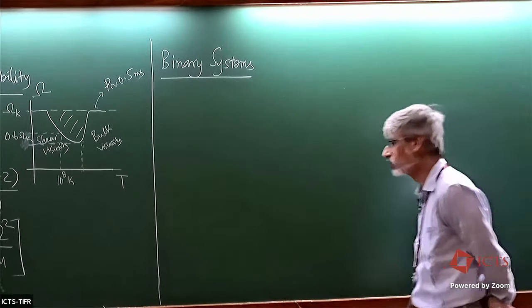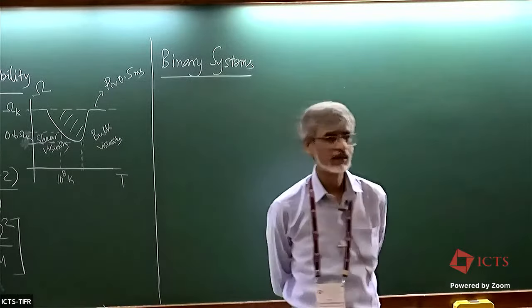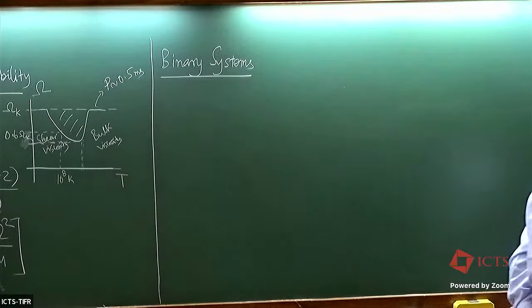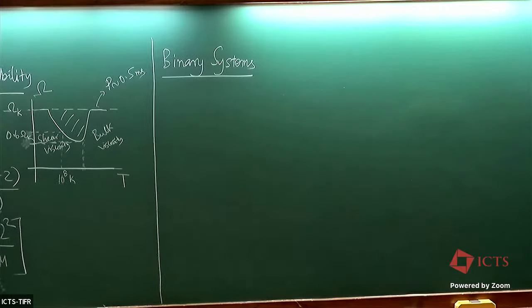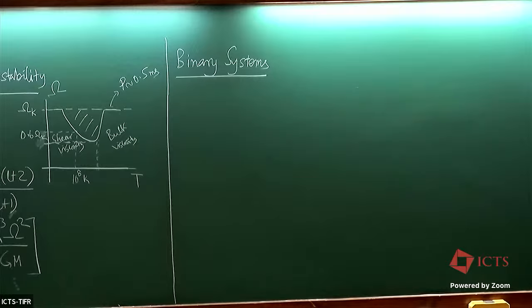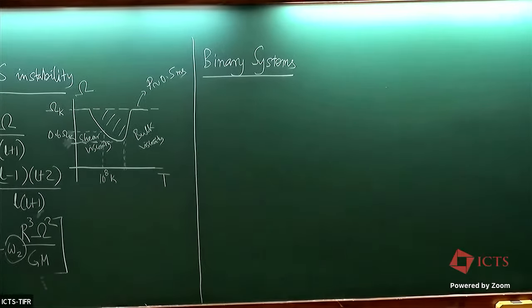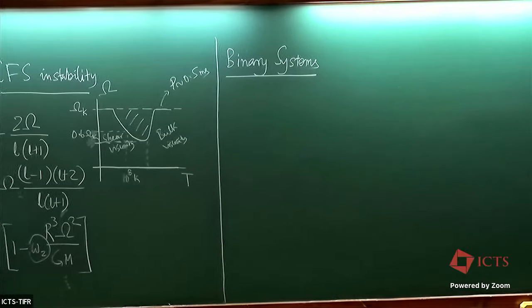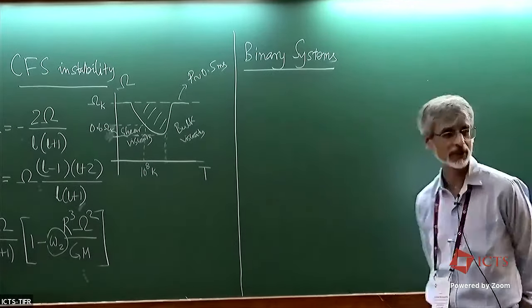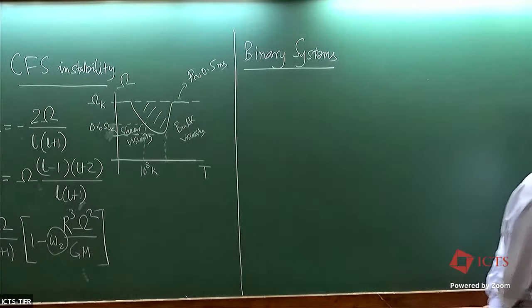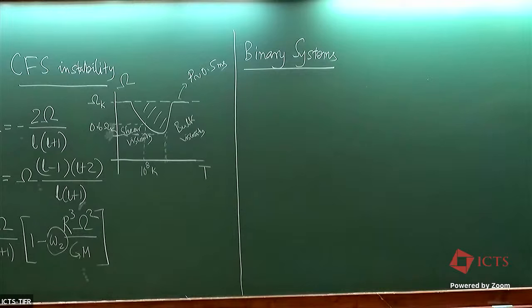But in most cases, even if a star is born in a multiple system, they usually split up into pairs. So if it's a triple system, usually the least massive star will get ejected from the system, and the system will remain as a binary afterwards.